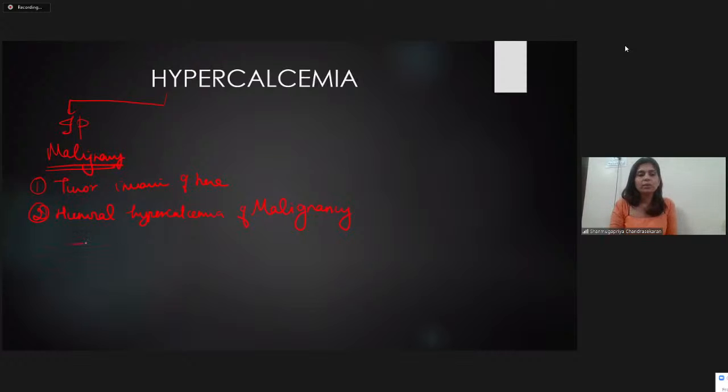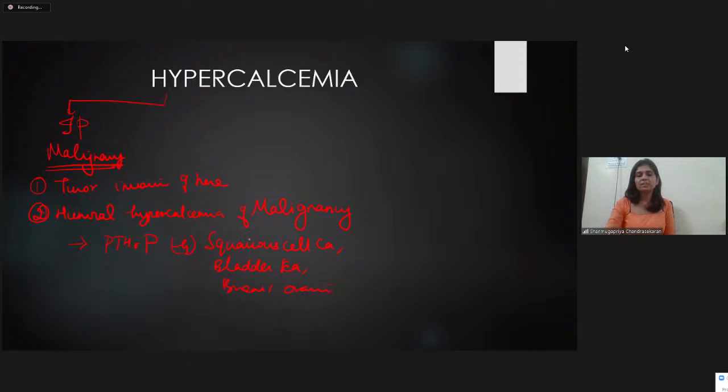So what are the humoral causes of hypercalcemia in malignancy? It is because of parathormone related peptide release from some malignant cells. Most commonly it is from squamous cell carcinoma, or bladder cancer, breast cancer, ovarian cancers.